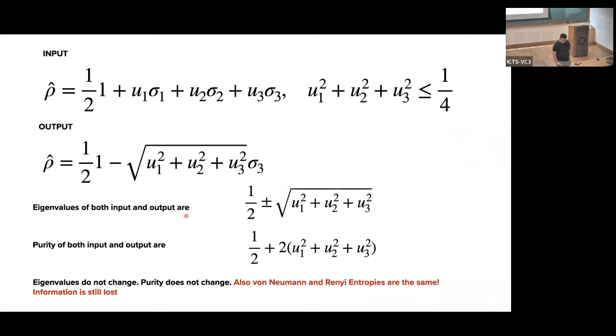So the eigenvalues of the density matrix of input and output are the same, and the purity of both is the same, which means that the von Neumann entropy and Renyi entropies do not change. So here is a very interesting quantum channel. I showed it to some of my colleagues and they were really surprised that this is one example where information is lost, but the von Neumann entropy is not changing, because the eigenvalues of input and output are the same. But the basis in which the density matrix is diagonalized is lost.